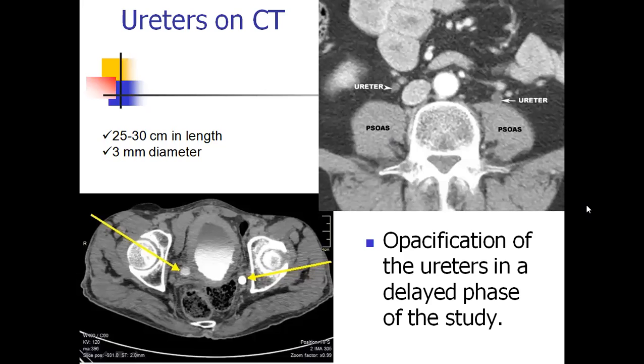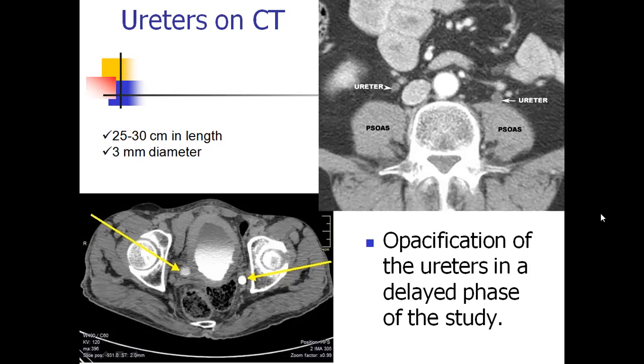Ureters on CT may be found as hollow tubes, 25-30 centimeters in length and very narrow, only about 3 millimeters in diameter.